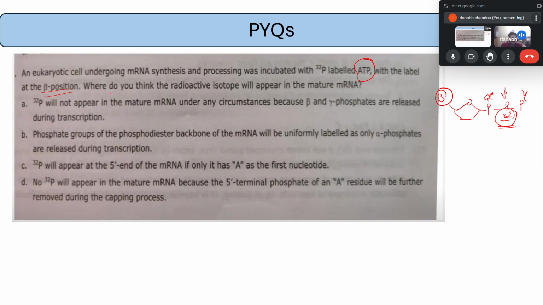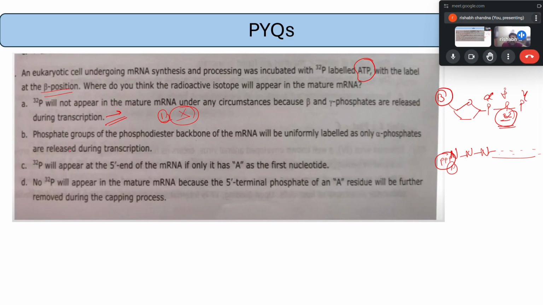This is factually correct, but one thing is missing: in the first position of the growing chain, for example the first nucleotide, second nucleotide, third, and so on, all three phosphates are attached, followed by the different nucleotides. So no beta phosphate will be present in the rest of the growing chain, but here the beta phosphate will be present. So the first option is wrong.